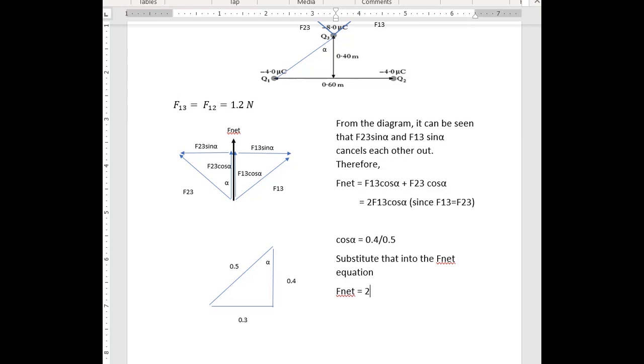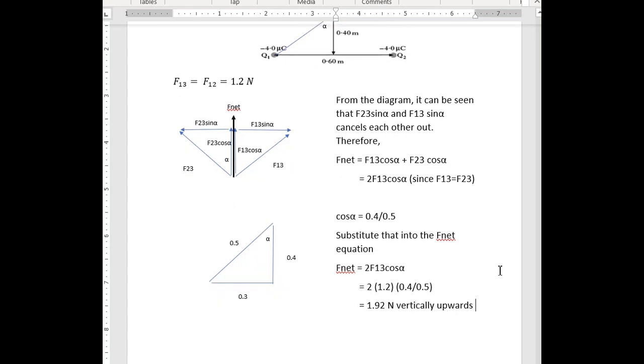So 2 F13 cosine alpha equals 2 times 1.2 times 0.4 over 0.5, which is 1.92 Newton. Direction is vertically upwards. And that's it.